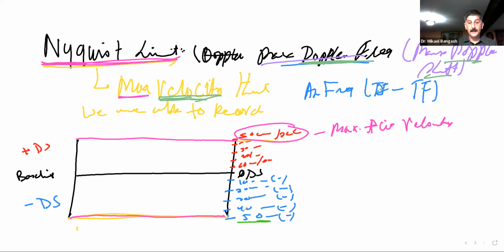But right now we can say this speed here, 50 centimeters per second on the positive side and minus 50 centimeters on the negative side, is going to be your Nyquist limit. Did you girls get that?